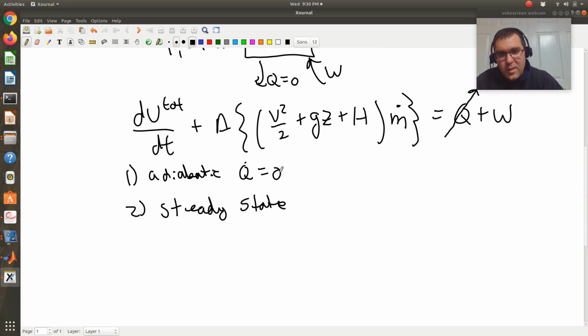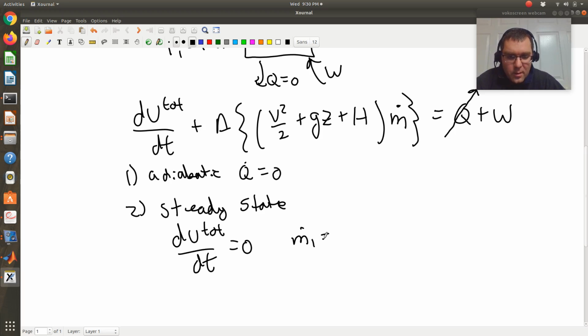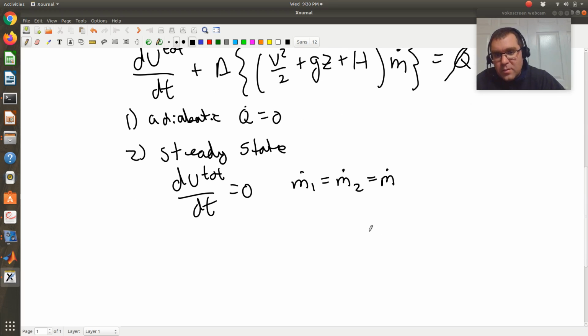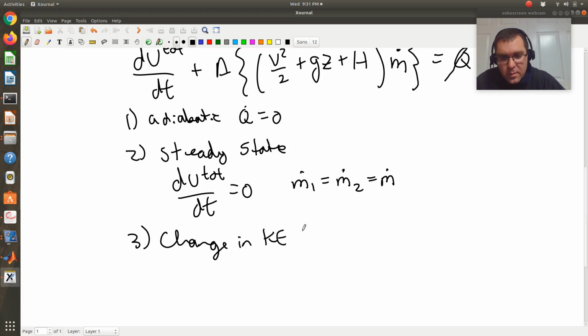So that tells me that my accumulation term is 0. I also know then that my inlet and outlet mass flow rate need to be the same. So steady state, and then I'm going to assume that our change in kinetic energy and potential energy is negligible.